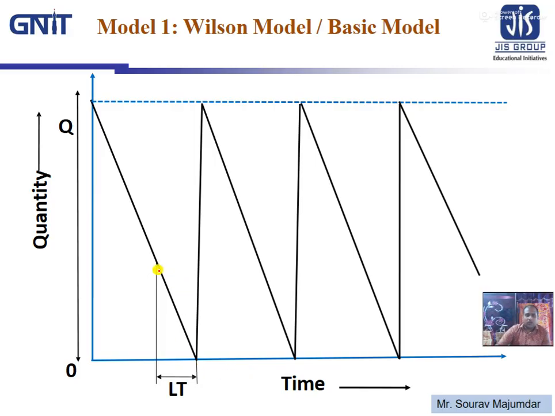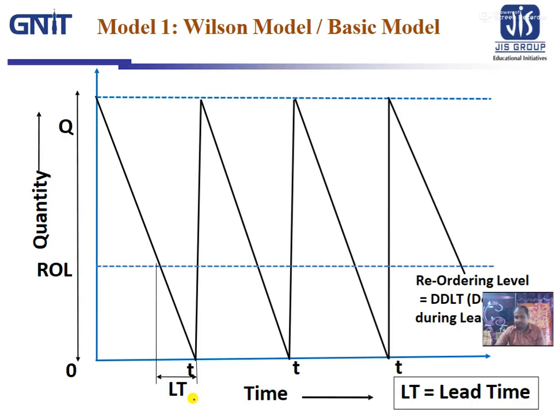We place the order just before the stock is empty. Whenever quantity Q reaches this level, we place the order. Then whenever it reaches here, we will get the full quantity Q. In that way it will carry on. And this duration is known as LT, that is lead time.